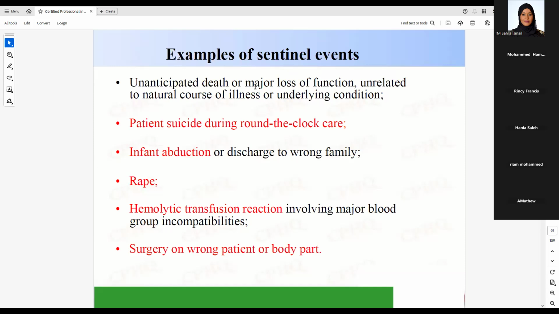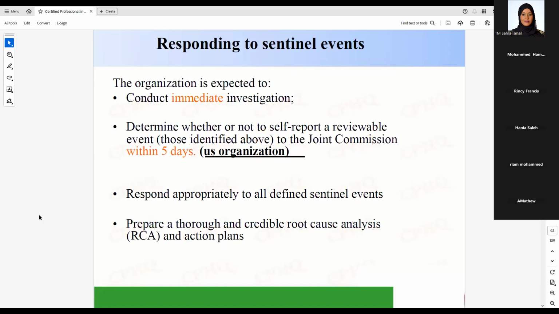Examples of sentinel events: unanticipated death or major loss of function, patient suicide, infant abduction, rape, hemolytic transfusion reaction, surgery on the wrong body part, and so on. So, responding to a sentinel event, the organization is expected to conduct immediate investigation and determine whether or not to self-report.